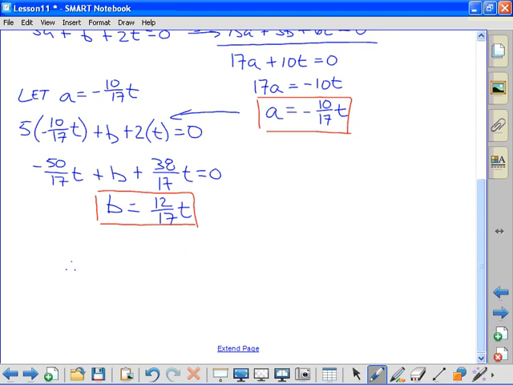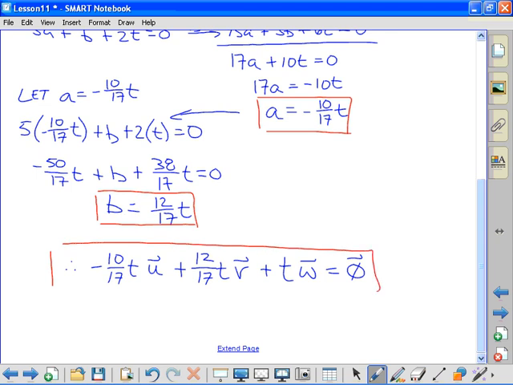So the a value, negative 10/17 t, multiplies our u vector, and the b value, 12/17 t, multiplies our v vector, plus t times the w vector will equal the zero vector. And again, in the final statement, I should add one more time that t can be any real number.